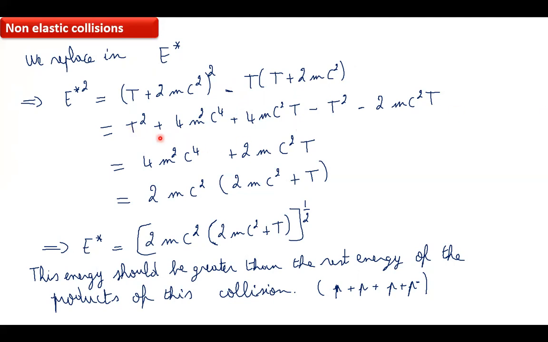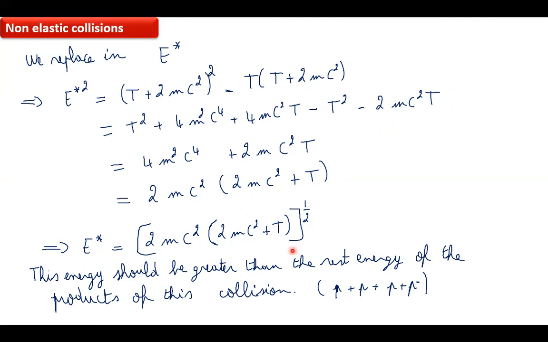Developing this: T squared plus 4m squared c4 plus 4mc squared T minus T squared minus 2mc squared T. You remove the T squared and get 4m squared c4, and 4 minus 2 gives 2mc squared T. The common factor is 2mc squared times (2mc squared plus T). So E star is the square root of this quantity: (2mc squared times (2mc squared plus T)) to the power half.